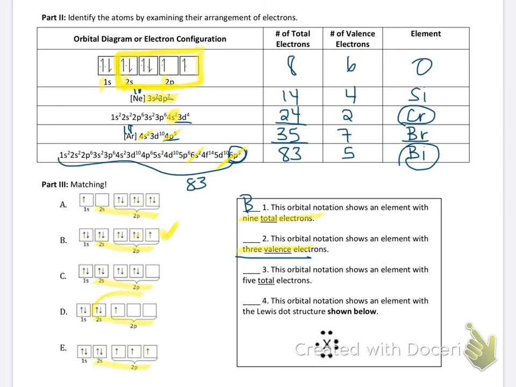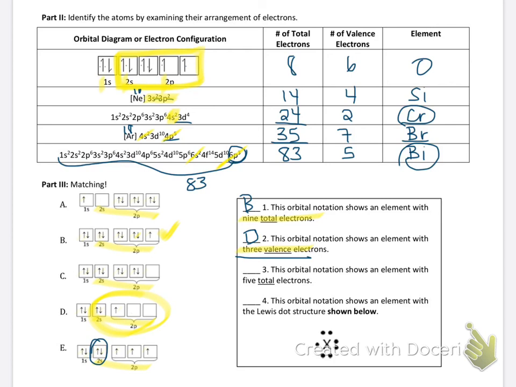The only one that has 3 valence electrons or 3 electrons in the 2nd energy level is D. E is not 3 valence electrons. It is 5. We can't forget about these 2s. They are also in the highest main energy level, which is that 2nd energy level.